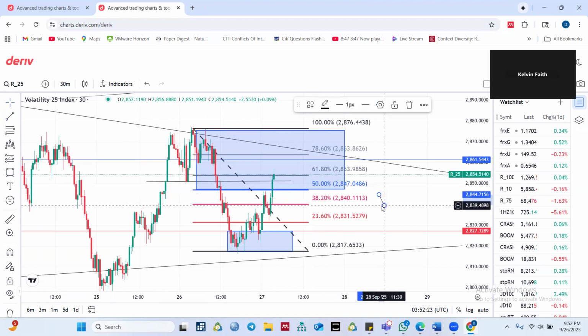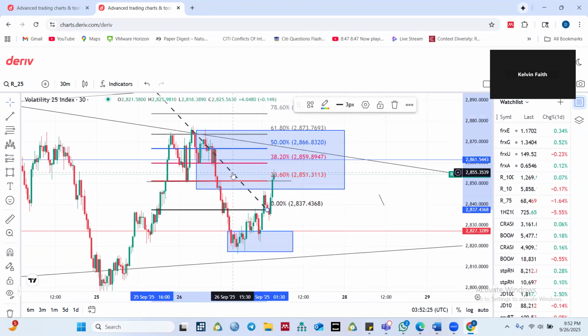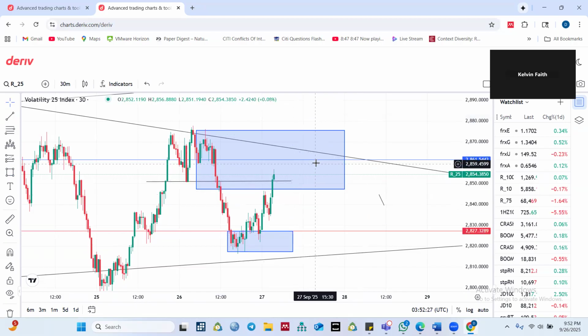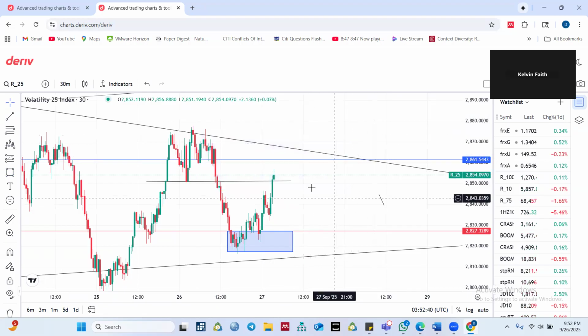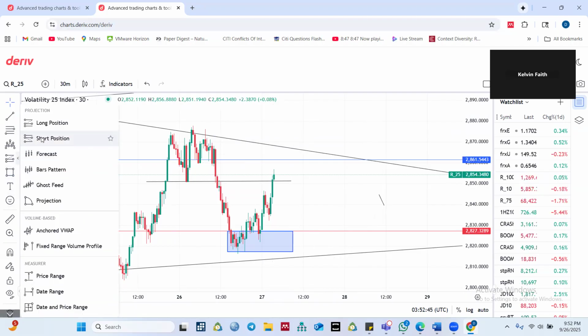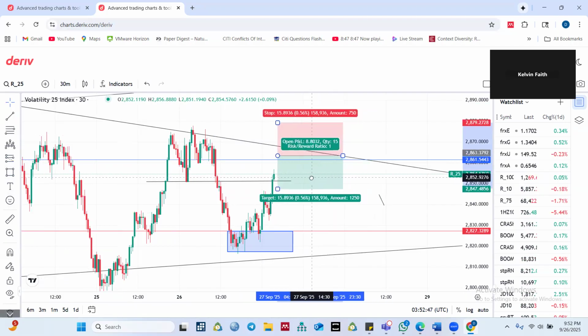And we are fortunate that the 78.6% also has confluence with the blue line, which is our support precision line, and would also be below the trend line. So this will be our spot to go in for a sell on this pair.